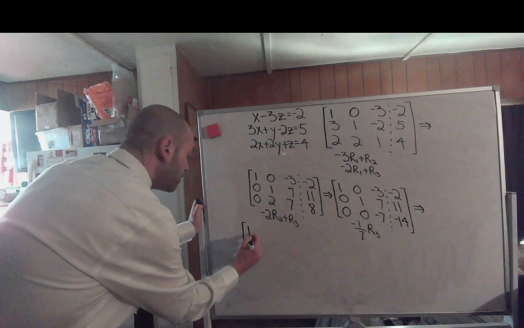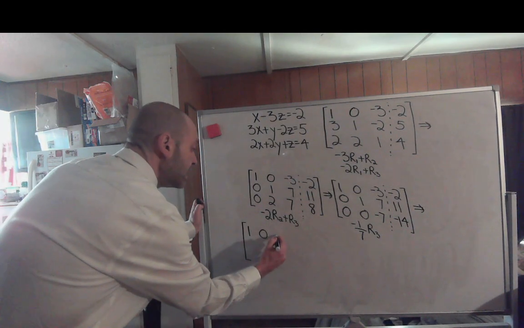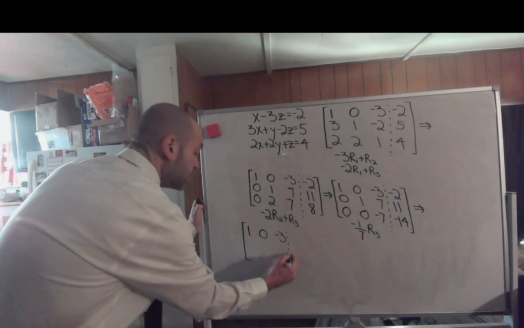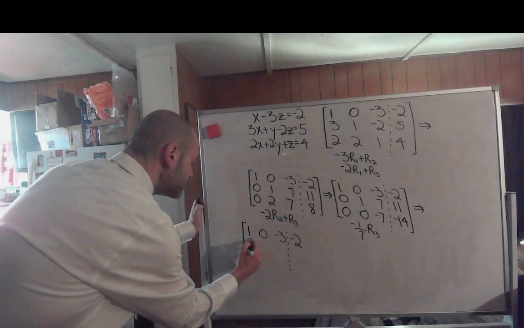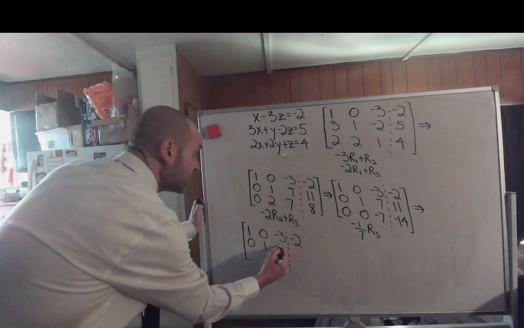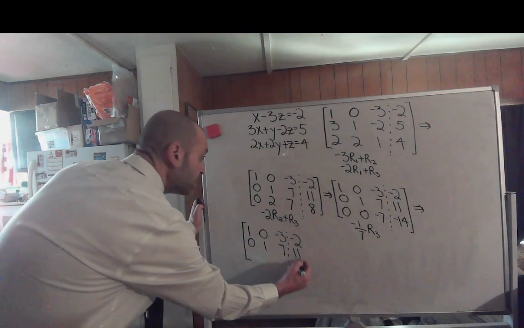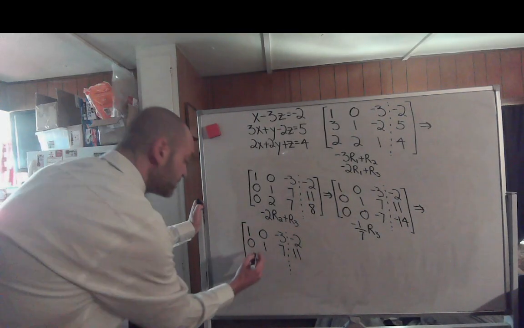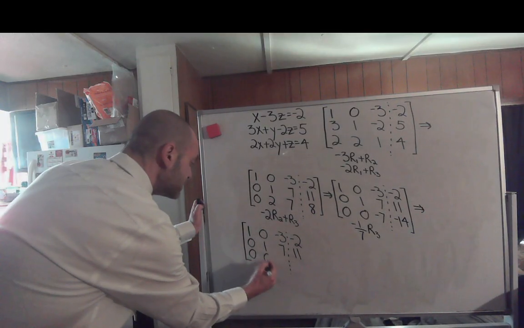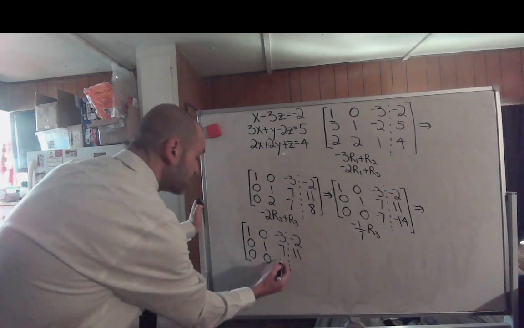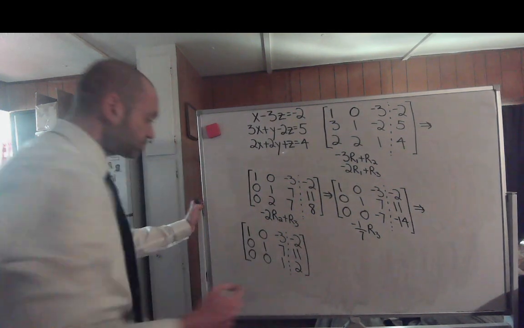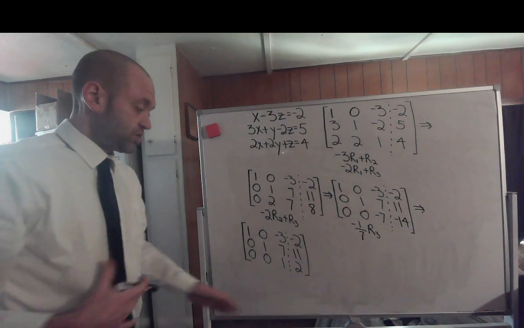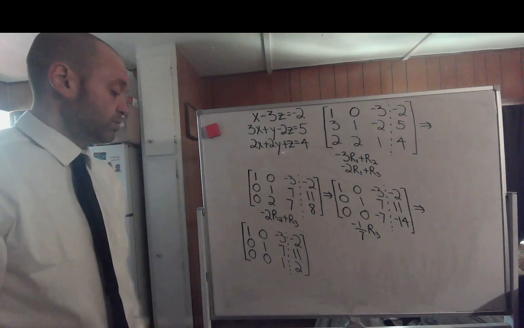So you'll have 1, 0, negative 3, then negative 2, 0, 1, 7, 11. Alright, so negative 1/7 of 0, 0, 0 again, and then you'll have 1 and 2. So we've reduced row 3 all we can do.